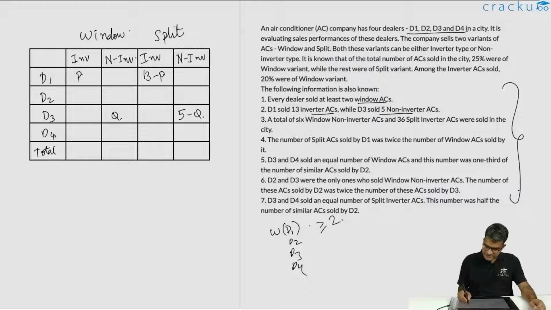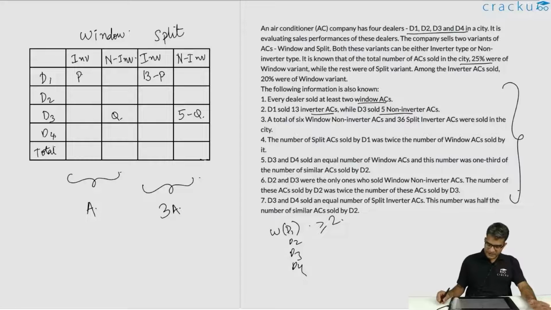We were also given some information over here. 25% were window variant. So over here, this is 25%, the window variant, and this will be the remaining 75%. This would imply that the total number of split AC sold is 3 times that of the window AC sold. So if you assume that the total number of window AC sold is A, the total number of split AC sold will be 3A.